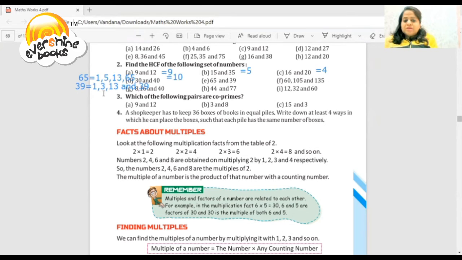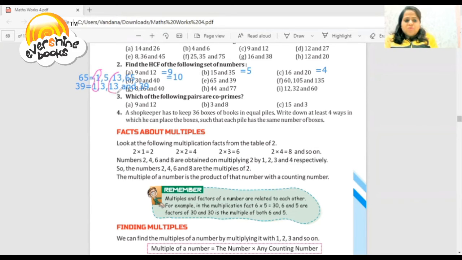So tell me your common factor, that is number 1. Draw a line to show the common factor like this. It is your common factor, 1 in both numbers. So the common factors are 1 and 13.